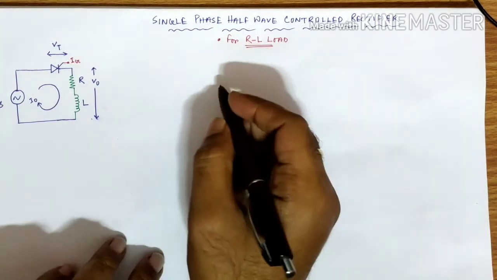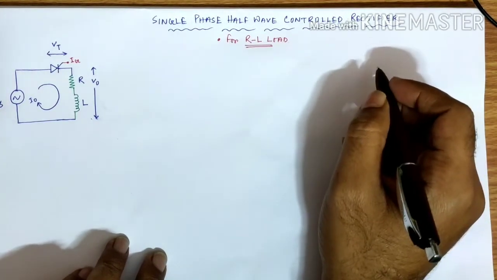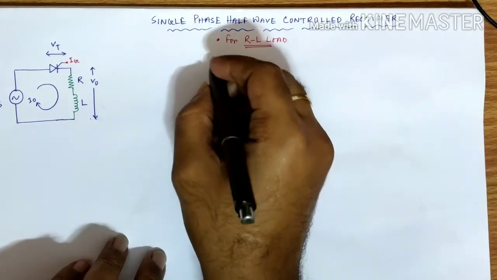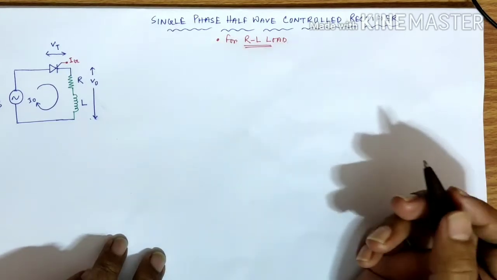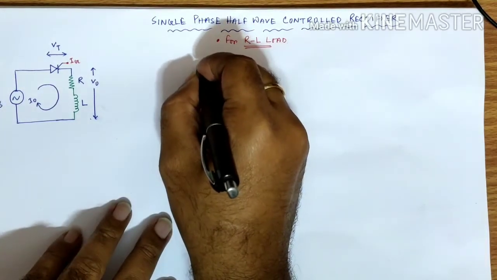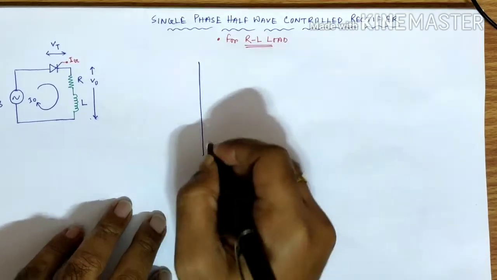So we will explain the topic with the help of the diagram that we have drawn in the previous videos. Once again, Vs is the supply voltage or the source voltage. We have taken it as a sinusoidal one. So if I represent Vs with the diagram, we know it looks like this.